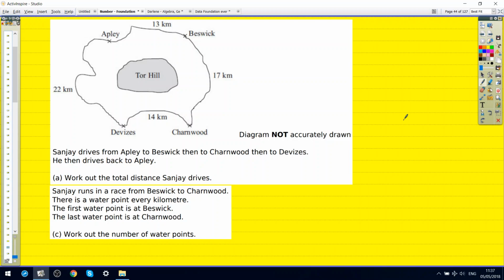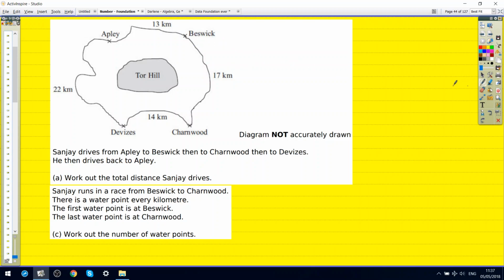They say the first one is at Beswick. So you start at Beswick, you go 1 meter and you drop 1. 1 meter, you drop 1, 1 meter, drop 1. So Beswick is like 0 meters, yeah?